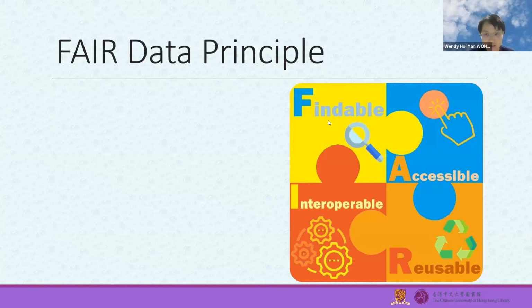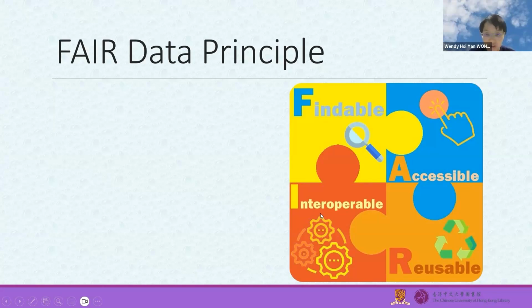If your data could be found, can the data files be accessed? Can someone else access the files? Can they download the file, or do you embargo someone else from downloading your data? If someone else can download your data, can they open the file? That is interoperable.